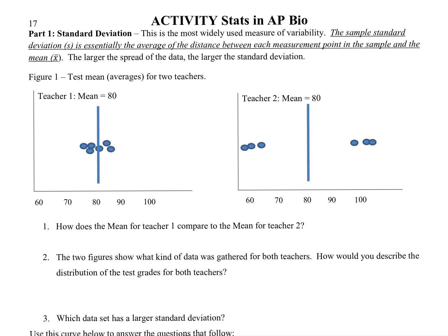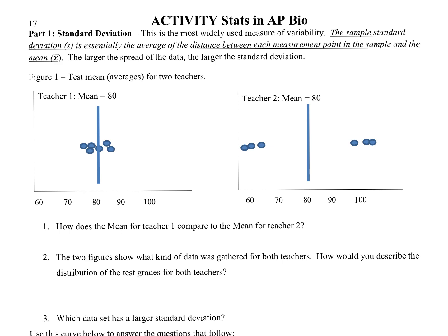What you're given in figure 1 is the test mean, or the averages, for two different teachers. So you have here the average for each of the student plots, and the same scale is used on this side. So you have teacher 1 here and teacher 2 here.